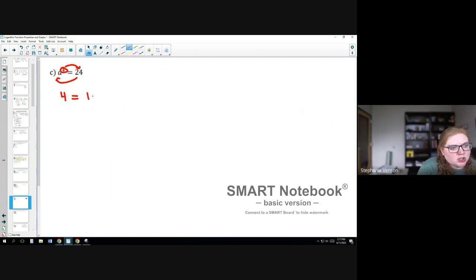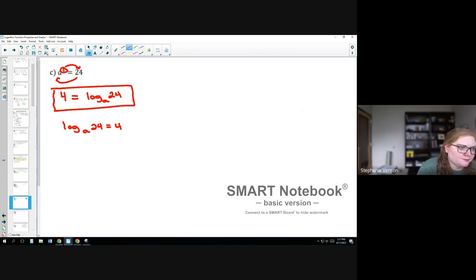So it's log of 24 with a base of a. So that's log base a of 24. So 4 equals log base a of 24. You could also write that as log base a of 24 equals 4. That's the same thing. Okay, but anyway, here's your answer.